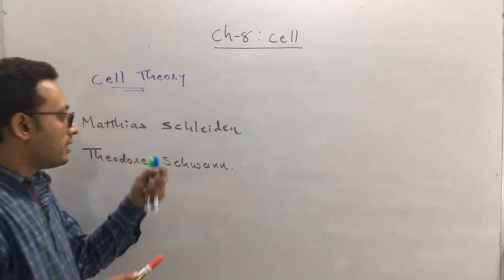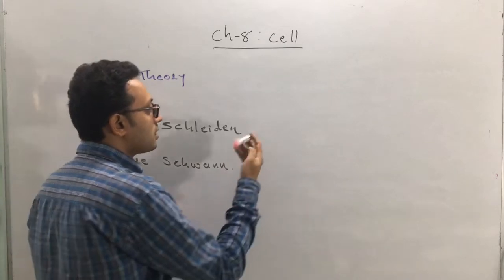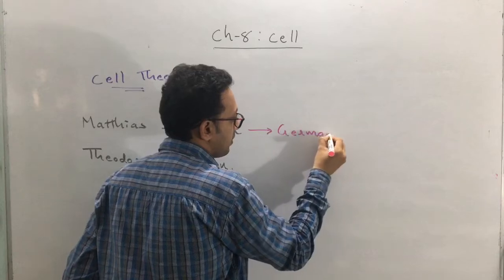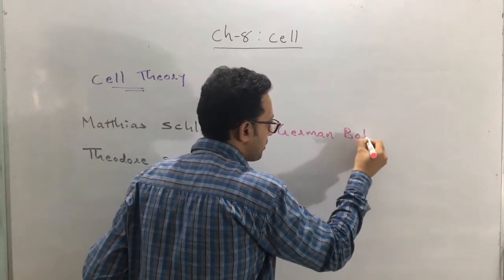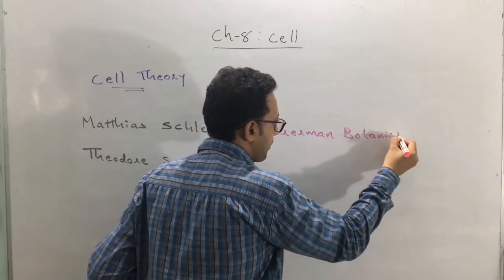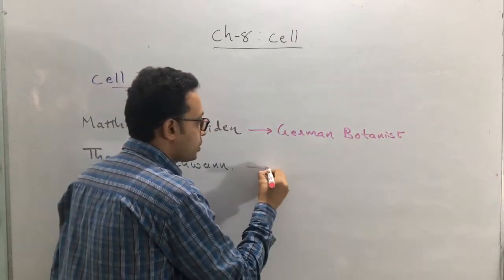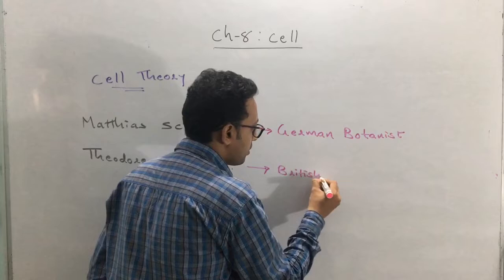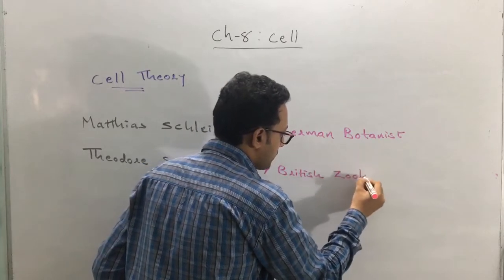Matthias Schleiden is a German botanist and Theodor Schwann is a British zoologist.